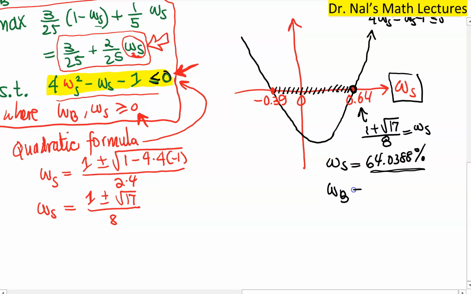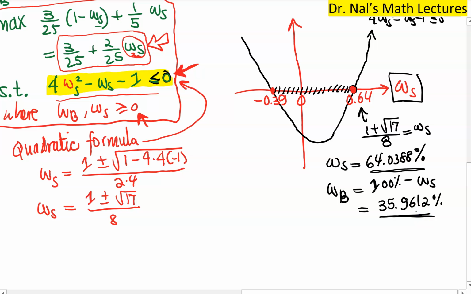WB is easy. WB, the proportion of the investment budget, or the portfolio, that should be allocated to the bond securities, should be 100% minus that number WS. Subtracting it from 100% gives 35.9612%. That's the proportion of the portfolio that should be invested in bonds.